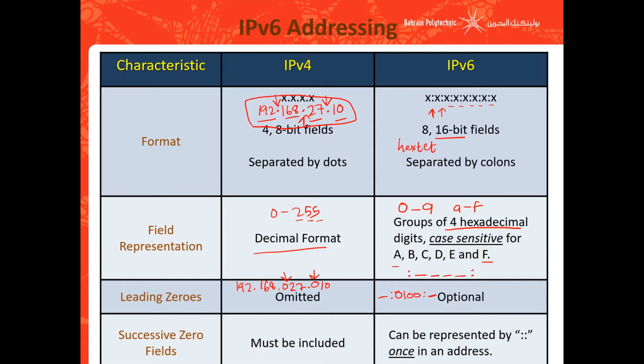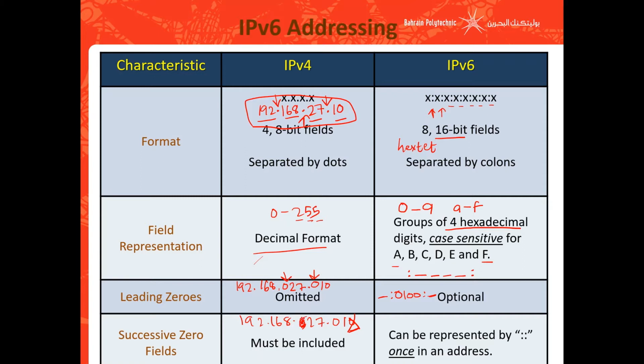So that is about the leading zeros. Then, successive zeros must be included. If I take the same IP address, 192.168.027.010, this 0 cannot be omitted, because if you remove it, the whole address changes.